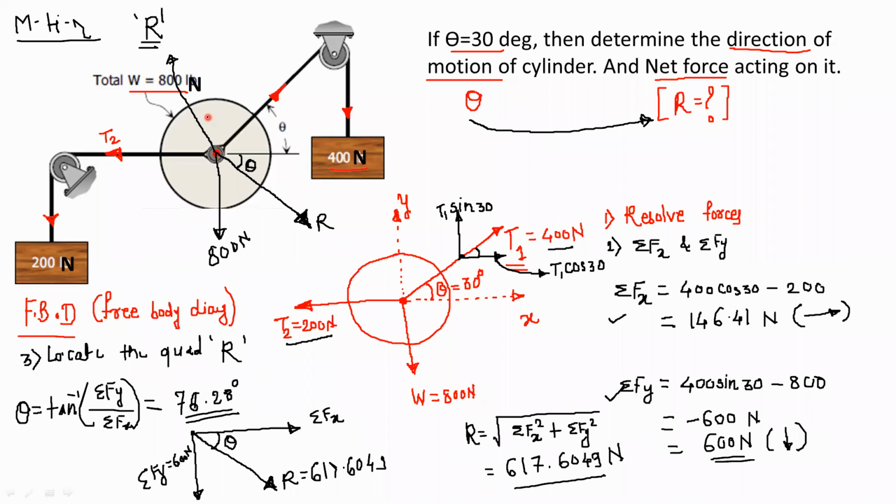This type of problem has a practical application when we lift a heavy object by using a crane, and specifically by using a pulley arrangement which is connected to the crane. So this is a simplified diagram for that physical system.